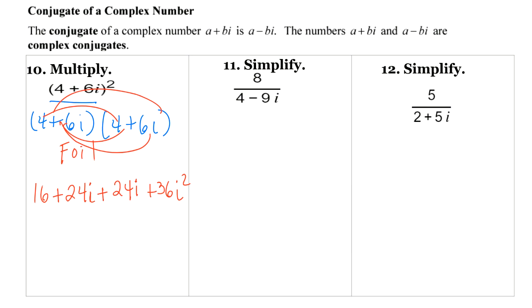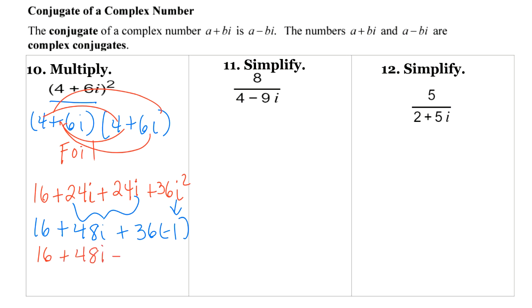So I just need to fix it up a little bit. 16 stays 16. 24i and a 24i gives me 48i. Now this i squared changes to -1. So I have 16 plus 48i minus 36, or -36.